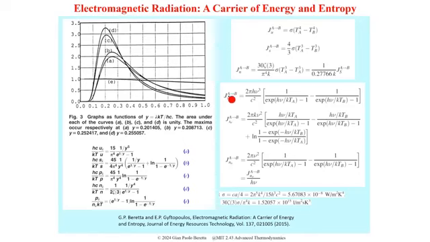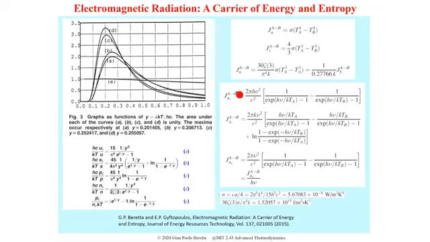But of course, you can also not only talk about the overall flux of energy carried by these photons, but also you can talk about the flux of energy carried by each mode of the electromagnetic field. So you do this per frequency.